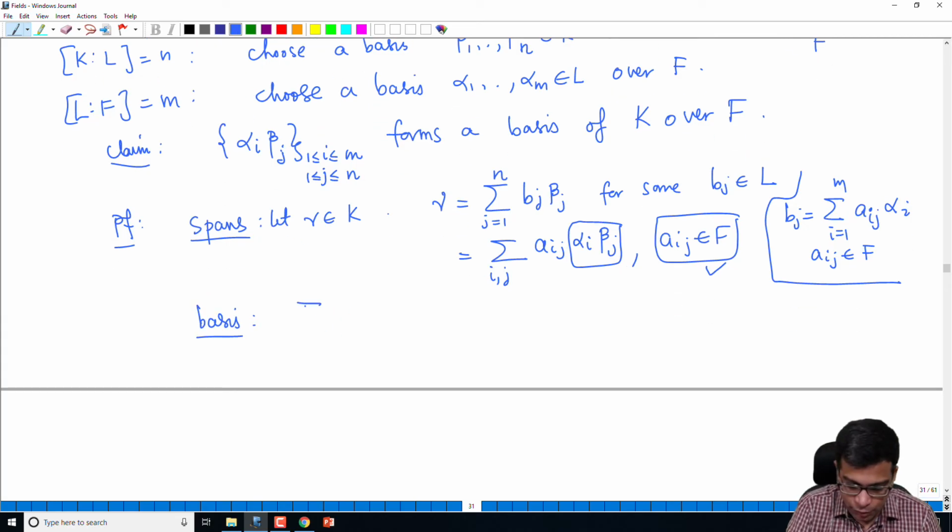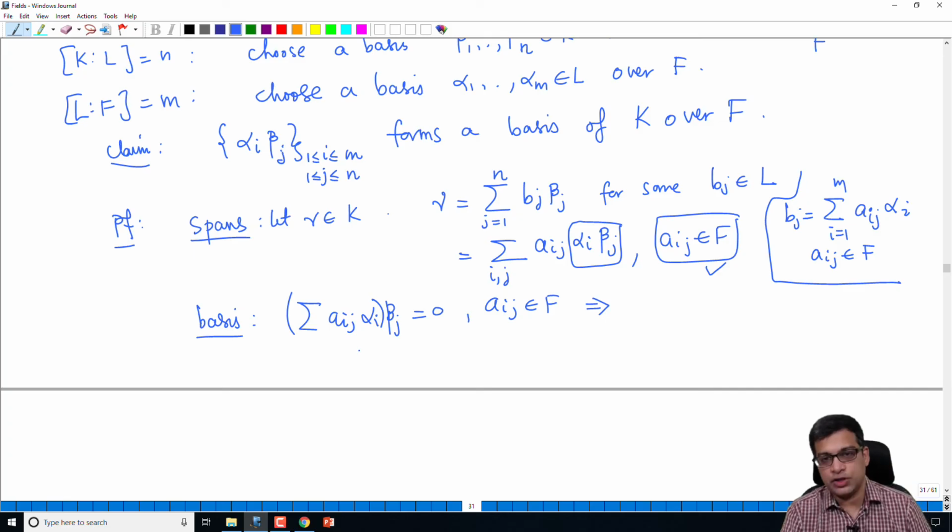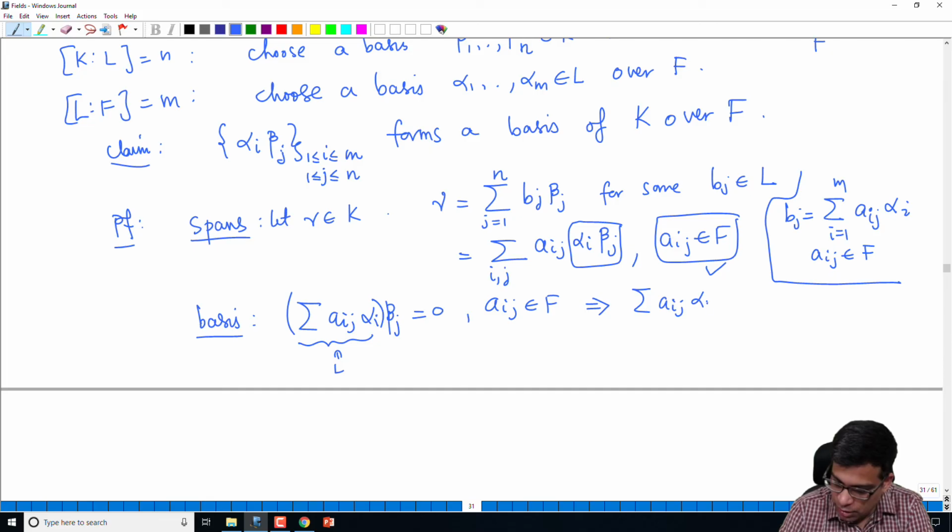Linear independence is also equally easy. Suppose summation aij alpha i beta j is 0 with aij in F, of course. But that means we can first conclude that because beta j are linearly independent over capital L and these coefficients are in capital L, summation aij alpha i is 0 for all j.